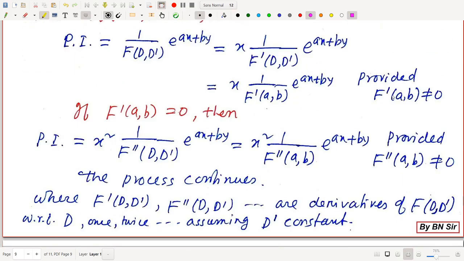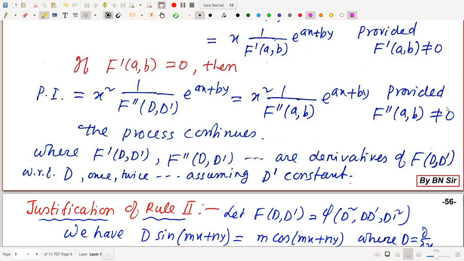Now it may happen that f dash ab is 0. In that case, again put another x on the left side, and then again differentiate this f dash of D comma D dash, which will be f double dash D comma D dash, and then replace D by a and D dash by b, and get the answer, provided f double dash ab is not equal to 0.